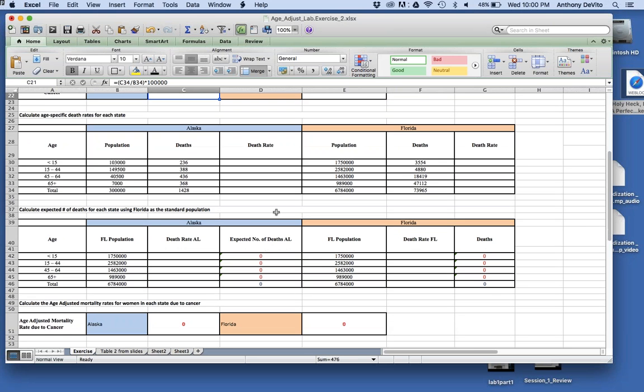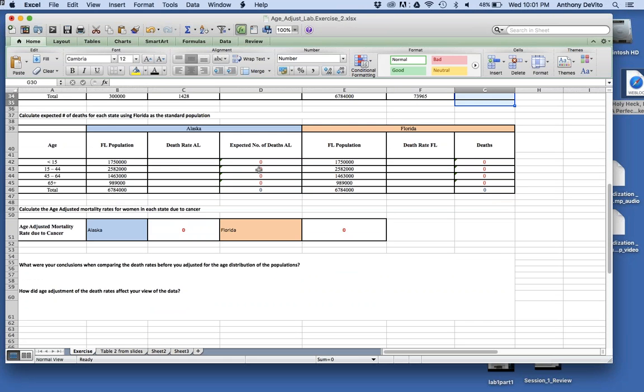Well, with these tables, you can now calculate, as we did before, the age-specific mortality rates for all these different age groups of females in Alaska, and the age-specific mortality rates for females in Florida.